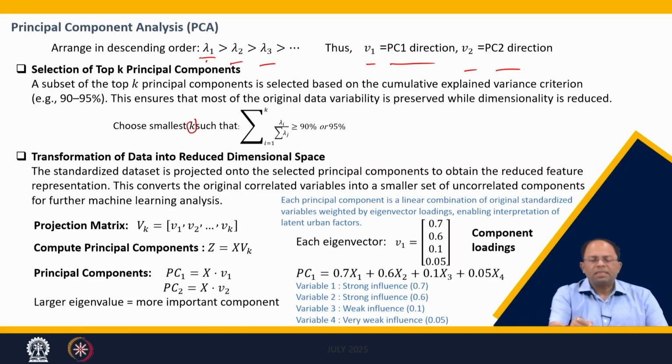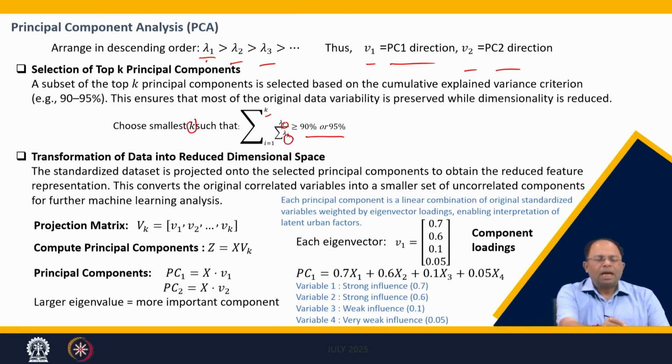So what it means is, this is the total value, and this is the variance explained by only the first one, and then we take a cumulative of it, right? So for the value of k where, after adding these variances, we achieve around 90% variance explained, we can say that is the right value of k, or that many principal components will be chosen.